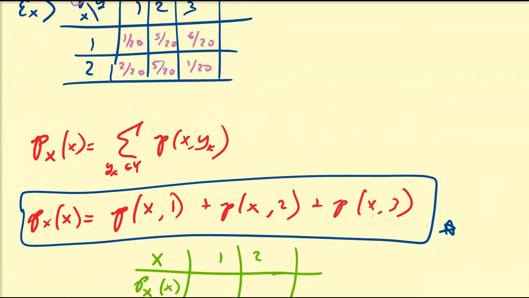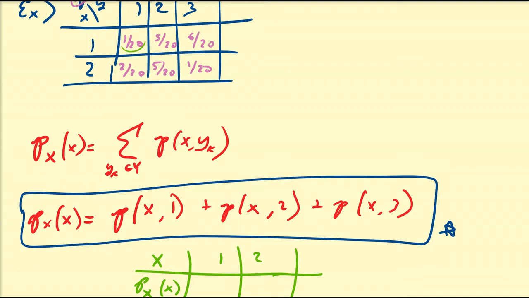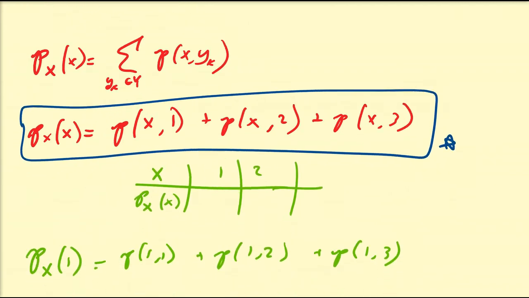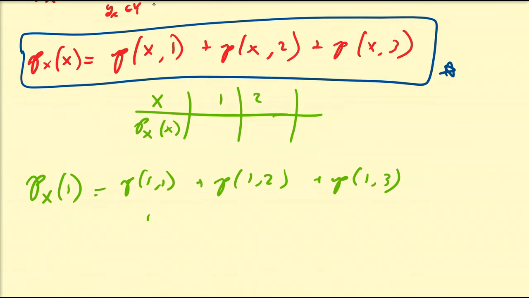If we look at our table, those are 1/20, 5/20, 6/20. Added together, 1 plus 5 is 6, and 6 plus 6 is 12. So this is going to be 12/20.